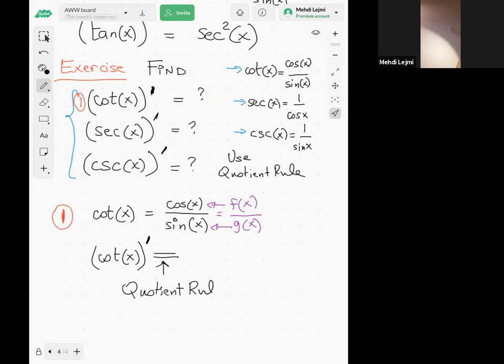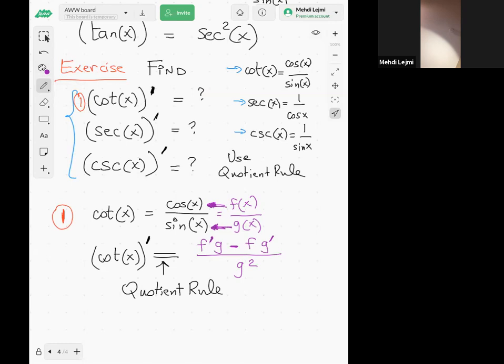The quotient rule says the derivative would be f prime times g minus f g prime over g squared. Again, guys, f is the top, it's cosine, and g is the denominator, it's the sine.